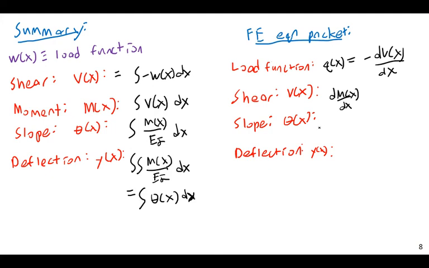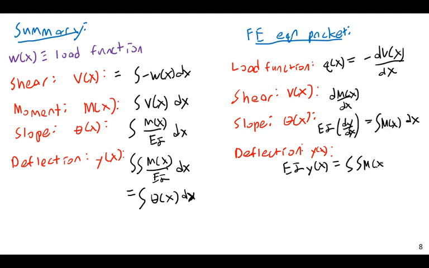The slope, they use the same kind of thing that we did. EI dy over dx, which is the slope, or theta of x, equals the integral of M as a function of x dx. And they say the deflection, EI y of x, equals the double integral of M as a function of x dx dx.